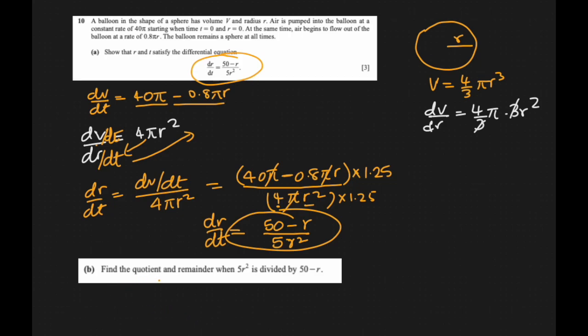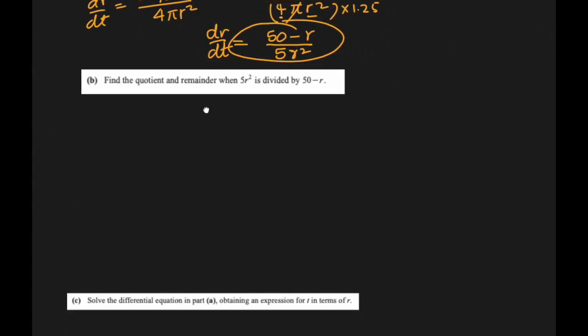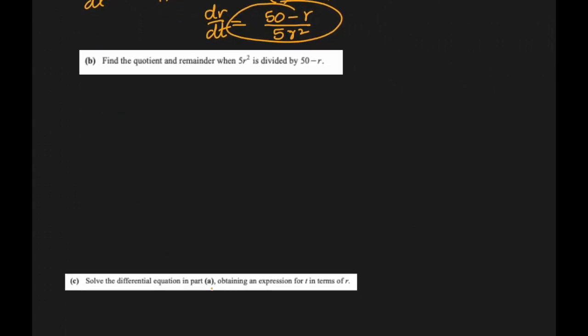Okay, find the quotient and remainder of 5r square when it is divided by 50 minus r. So I will do the long division in this case. 50 minus r divides 5r square. So first thing, this is minus r, which is the higher order variable.